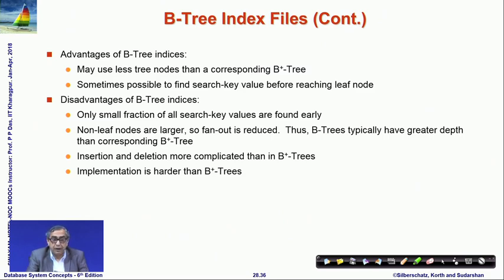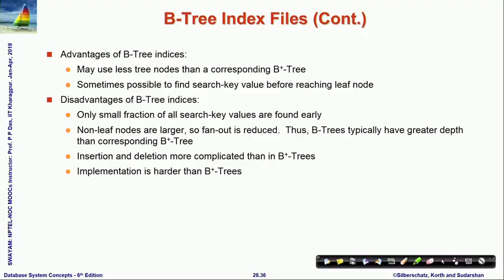Non-leaf nodes are larger now, because you have pointers to the data as well. So, the fan out gets reduced, which means the number of children you can have gets reduced. Though you are expecting to get a benefit because you are not having to go to the leaf every time, you pay for it because your fan out gets less.